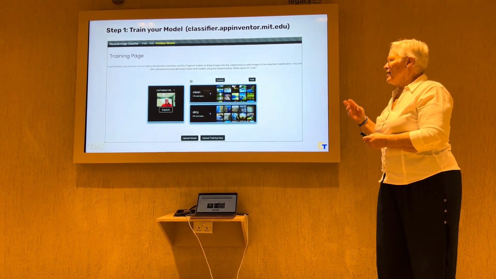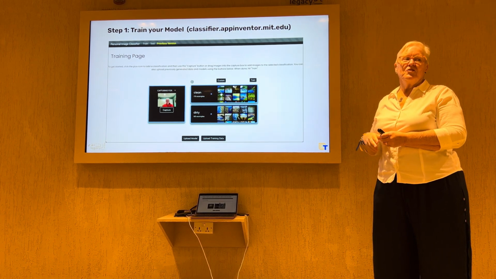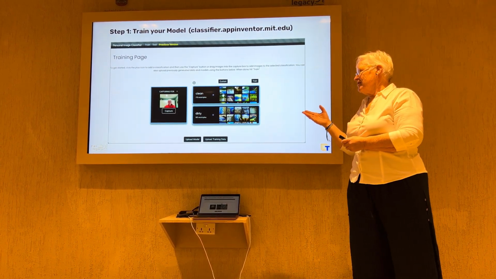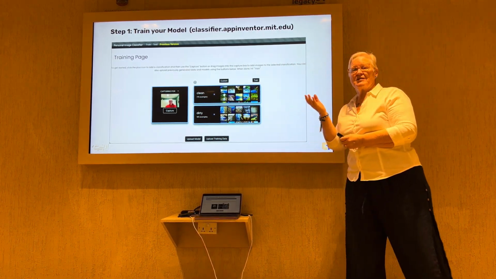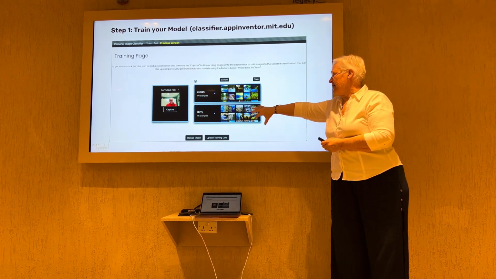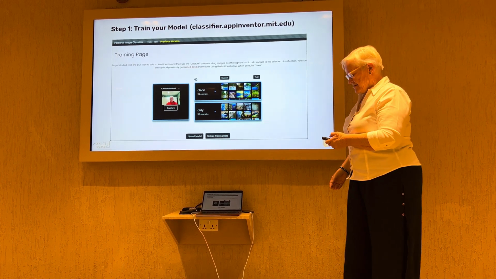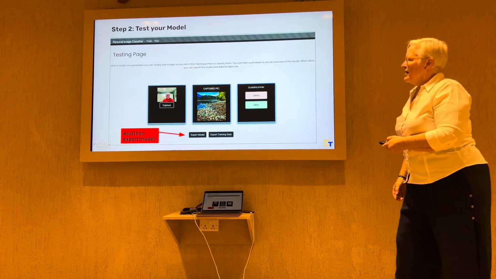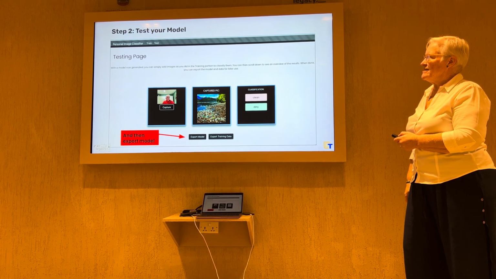So I just label mine clean and dirty, and then you can either take pictures, so that's what I'm doing here, you can capture things live, but you can also upload images. I had several pictures that I just uploaded, and then the next thing is that you train it and then test it.